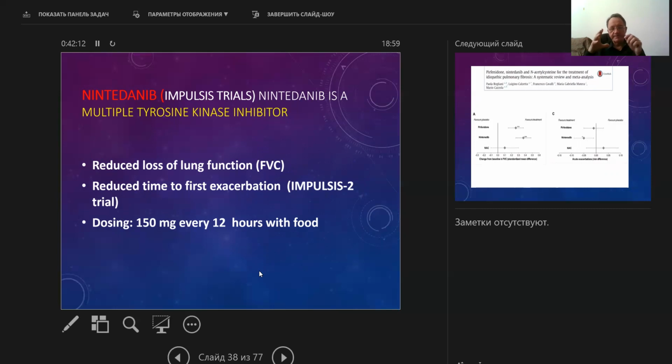You should also check the creatinine level, and if patients have a glomerular filtration rate less than 30%, these drugs are also contraindicated.